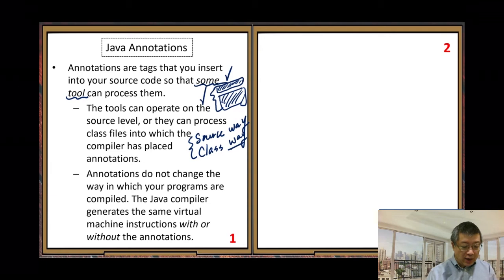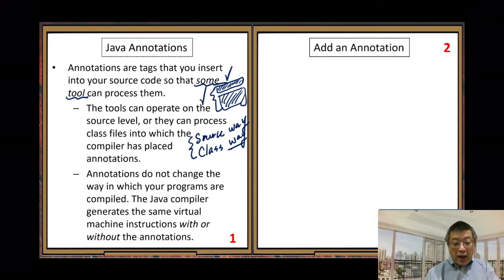So the Java compiler generates the same virtual machine instructions with or without the annotations. That part you cannot change. In that way, we don't worry about the usual JVM instructions, the virtual machine instructions. But we add some important information into this code.